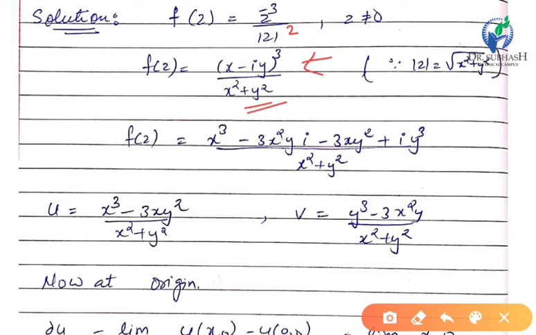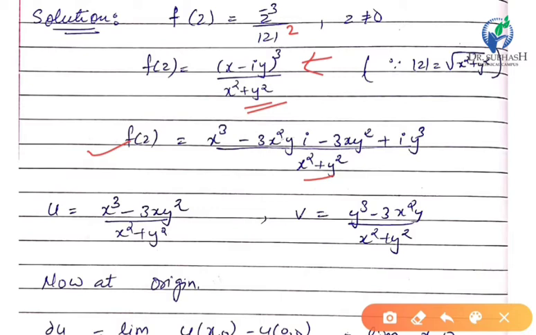So when I open this term, f of z equal to (a minus b) whole cube, I will get f of z as x cube minus 3x square y minus 3x y square plus y cube, and the denominator will be x square plus y square.